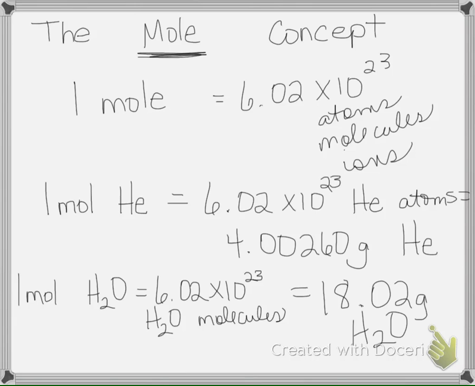Just like I did atomic masses last week, y'all said there's 2 hydrogens, and each hydrogen is 1.01 grams, and there's 1 oxygen, and each oxygen is 16 grams, and we add that up, and we get 18.02 grams of water. Remember doing that last week, and then we worked with those numbers and did percent composition as well? Okay.